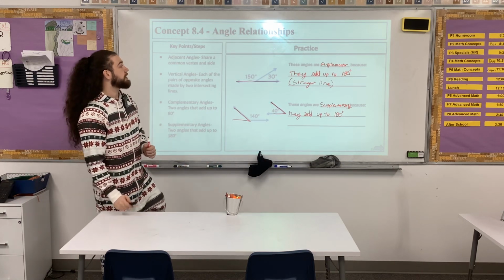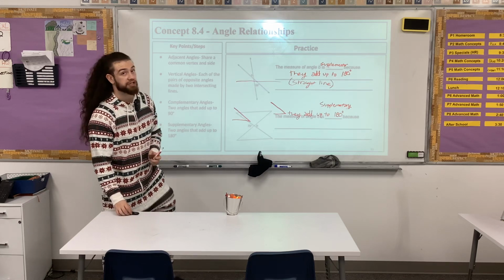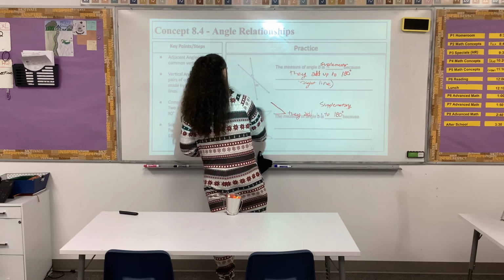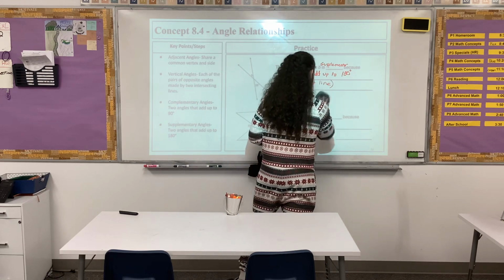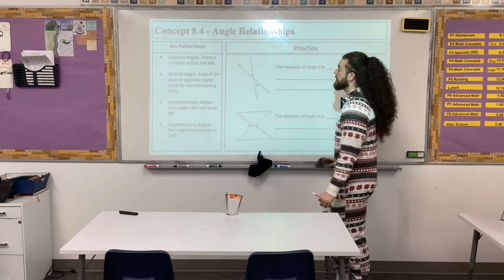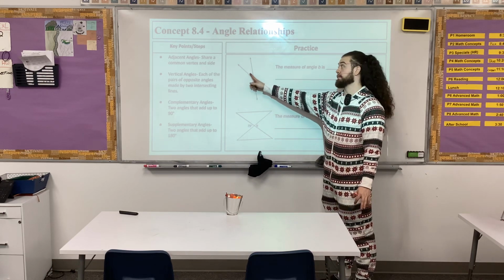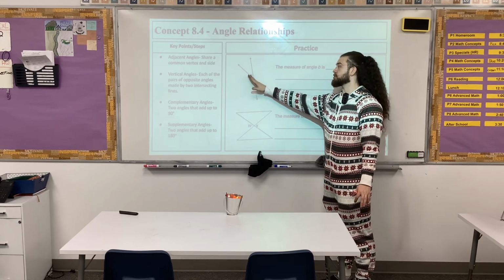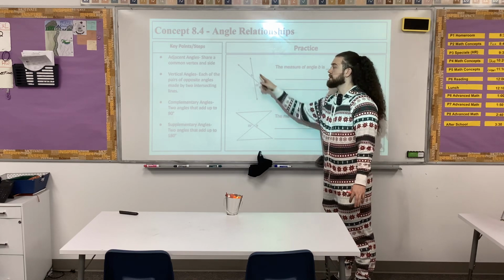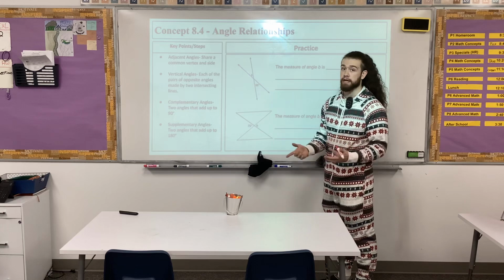Wonderful. Now that we know our four angle relationships, we can start solving for missing degrees, right? Using those four angle relationships, I can find lots of different measures of angles. I'm looking for the measure of angle B. Well, I know angle B is across from 38 degrees, so it is a vertical angle.